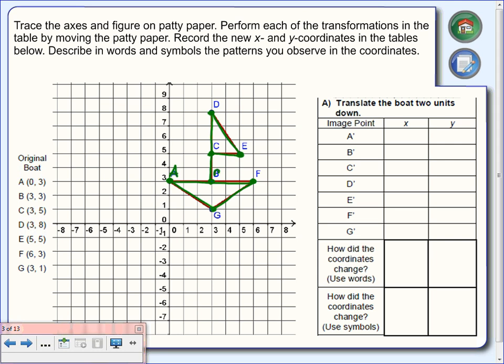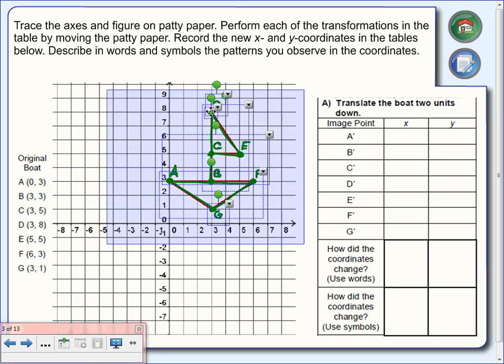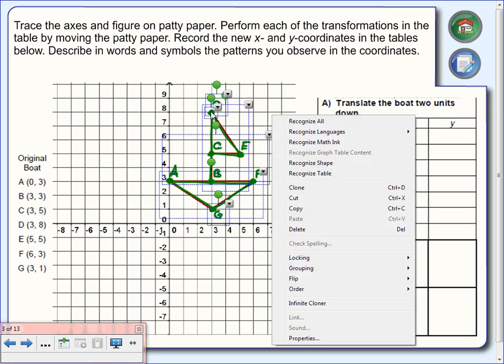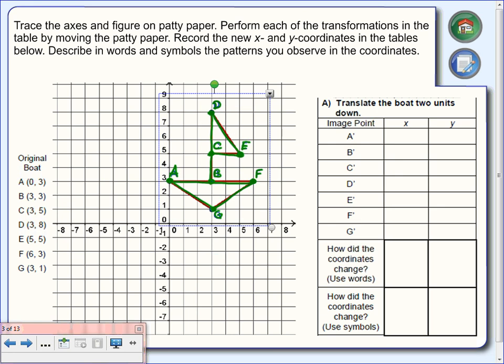We've got A, B, C, D, E, F, and G. All right, so again, all we're doing is tracing and labeling these key points.